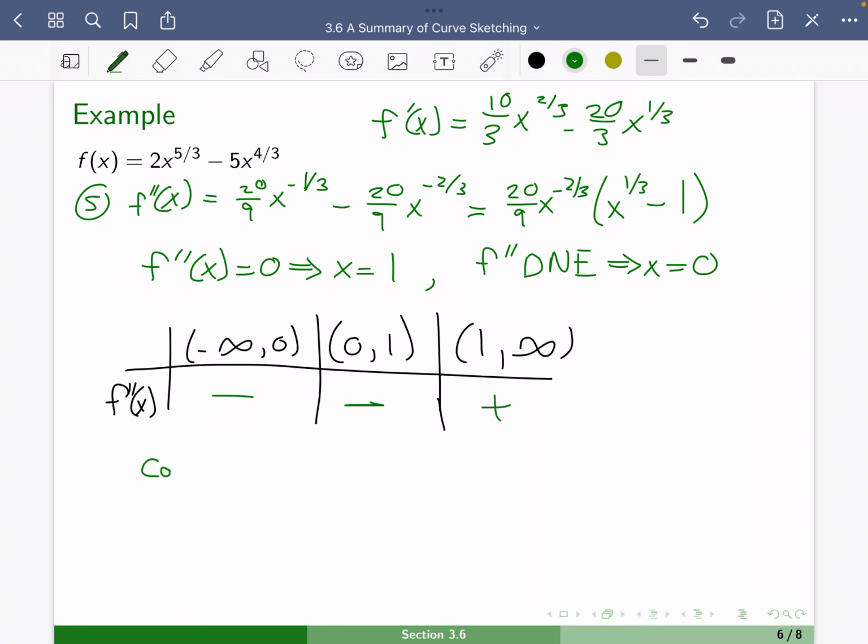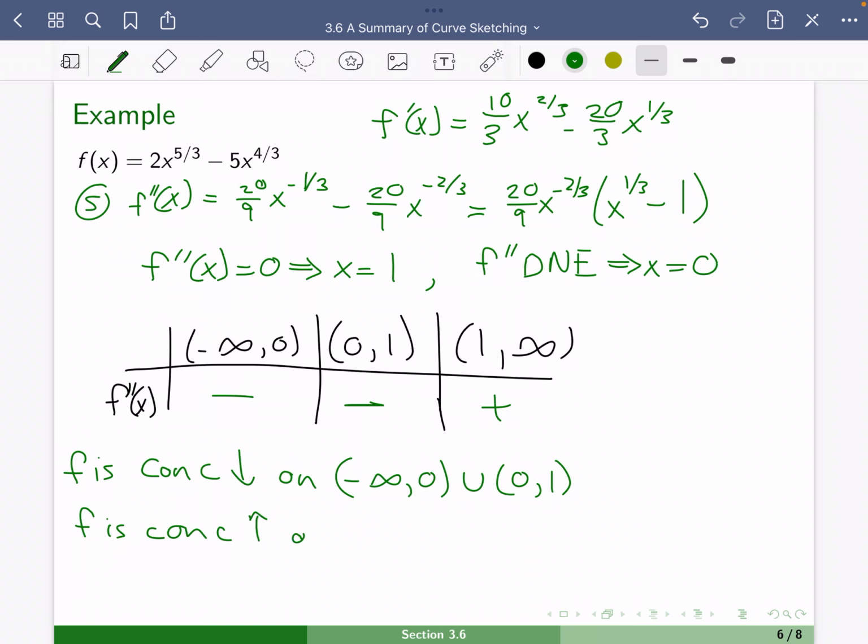So f is concave down on negative infinity to 0 along with 0 to 1, and f is concave up on 1 to infinity.